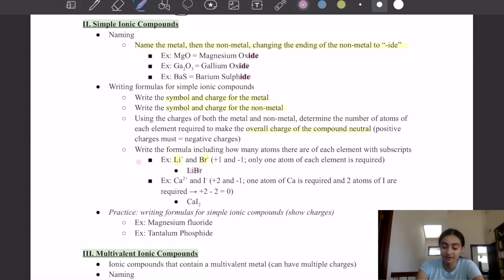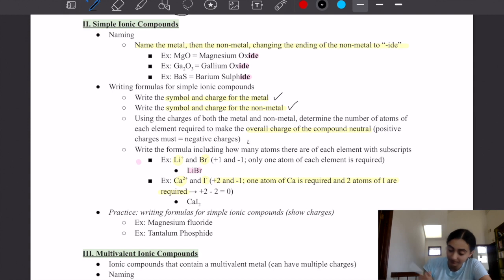We can see the same thing with CaI2. So calcium has a 2+ charge. I wrote the symbol and the charge for the metal. Iodine has a -1 charge. Here's the symbol and the charge for the nonmetal. And then here I am using the charges to determine how many atoms of each element I need.